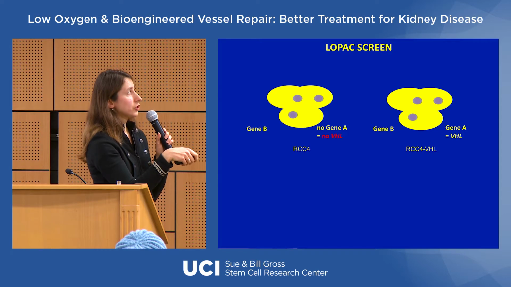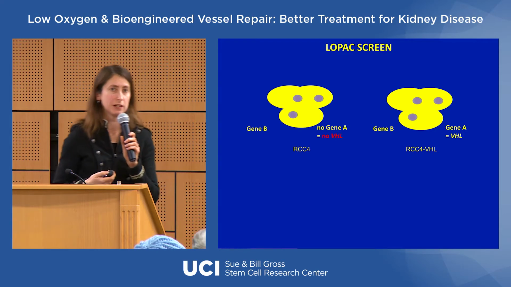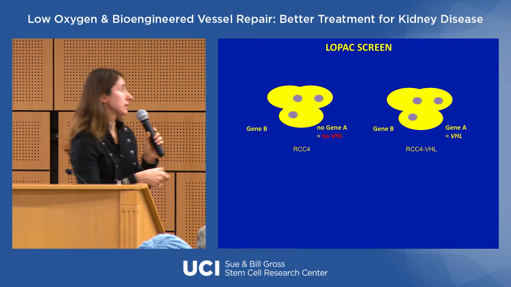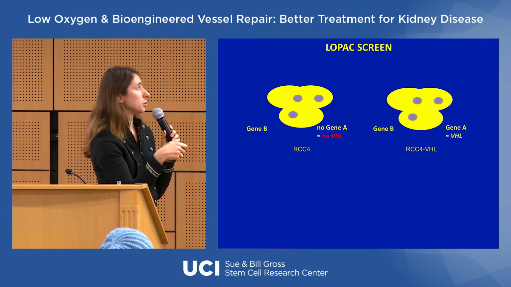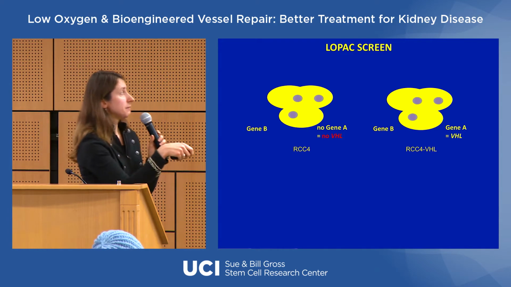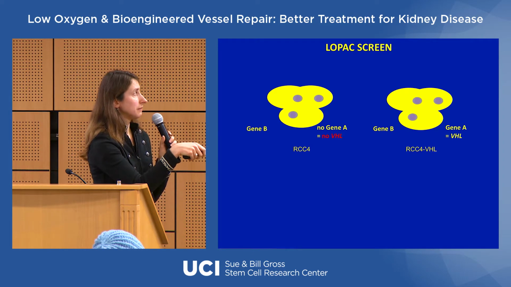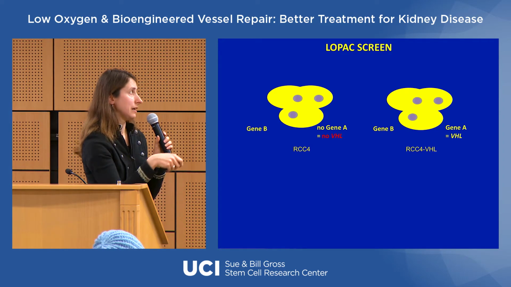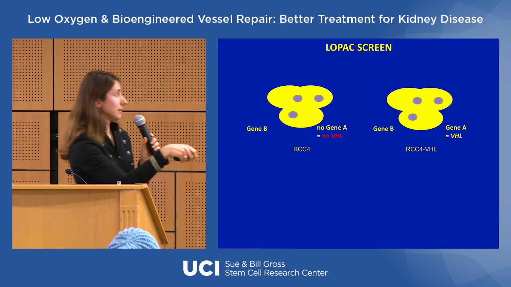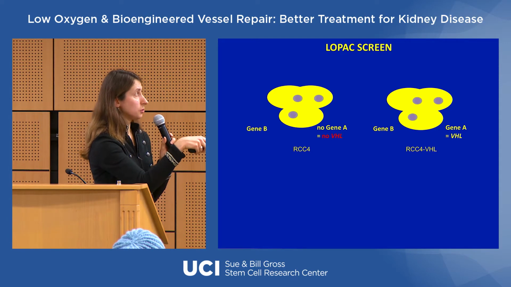I just told you that this tumor suppressor gene, called VHL, the one which is destroying hypoxia-inducible factor, is lost in 80% of all kidney cancers. 80% of kidney cancers do not have VHL, so they have no gene A. But normal tissues all have gene A. So this is specific for kidney cancer.